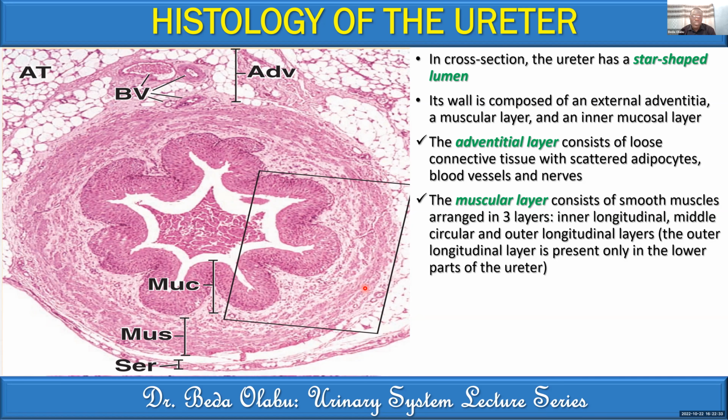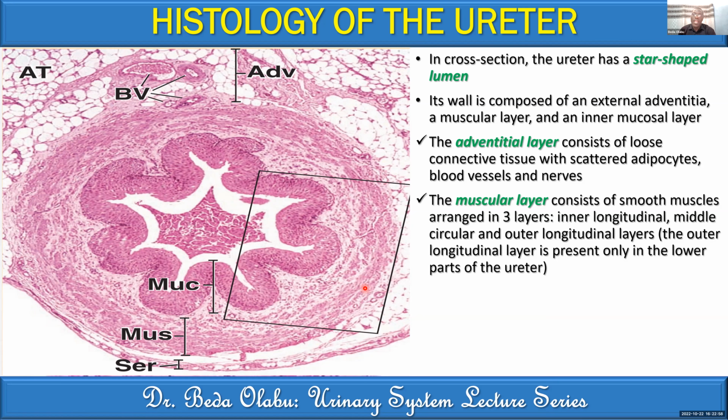Now, sometimes you might confuse the arrangement of smooth muscle in the ureter with that of the GIT. Remember, in the GIT, we have inner circular and outer longitudinal layer. In the ureter, we have inner longitudinal and outer circular layer, especially for the upper ureter.